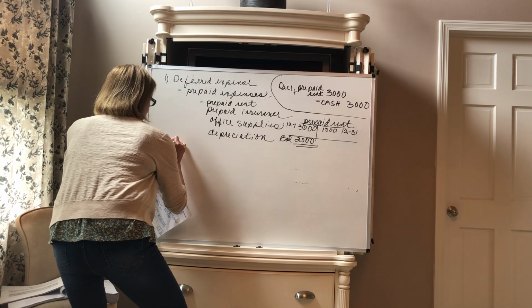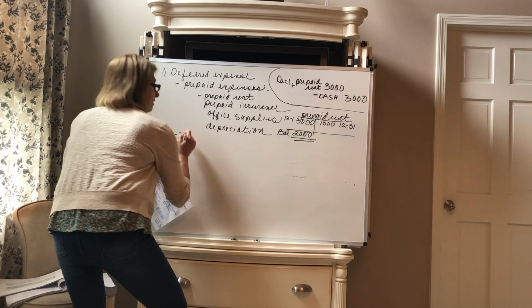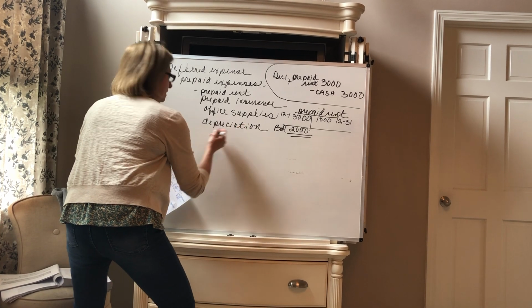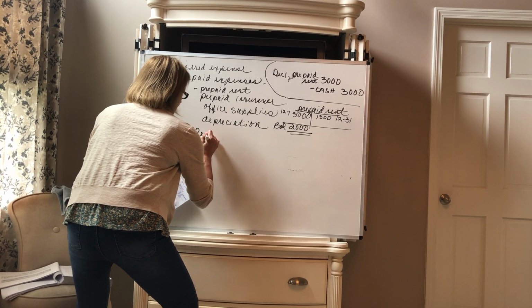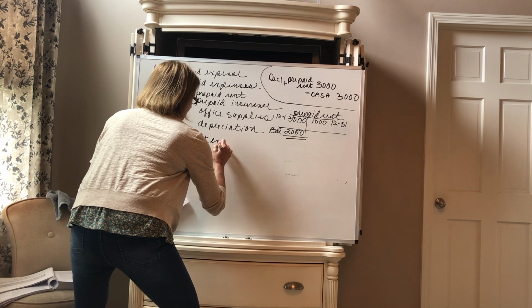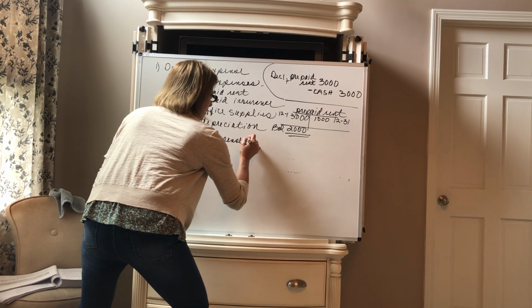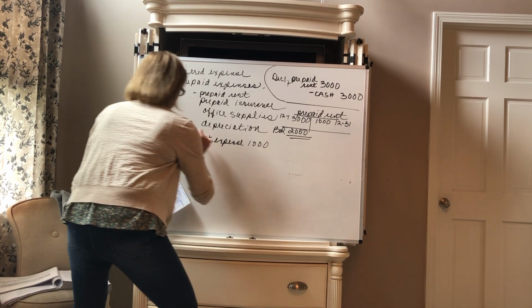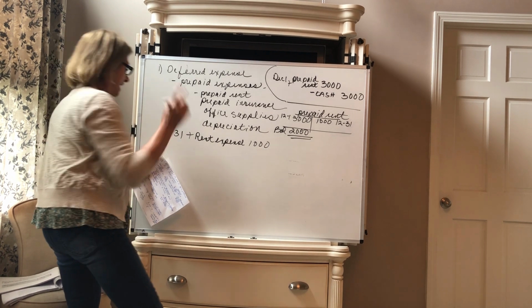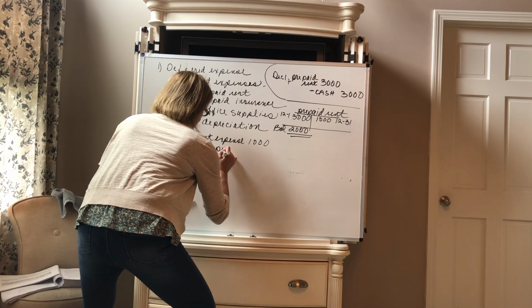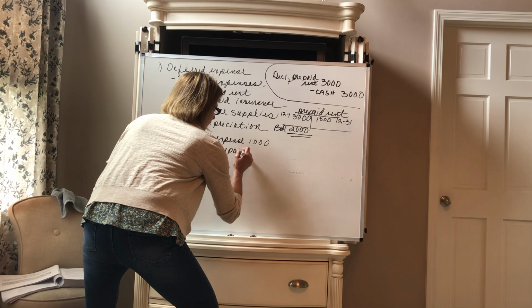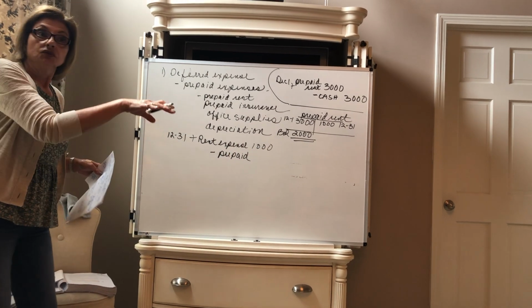So on 12/31, our adjusting entry would be rent expense for the amount that got used up, $1,000, and then credit prepaid because it has been kind of dwindling.